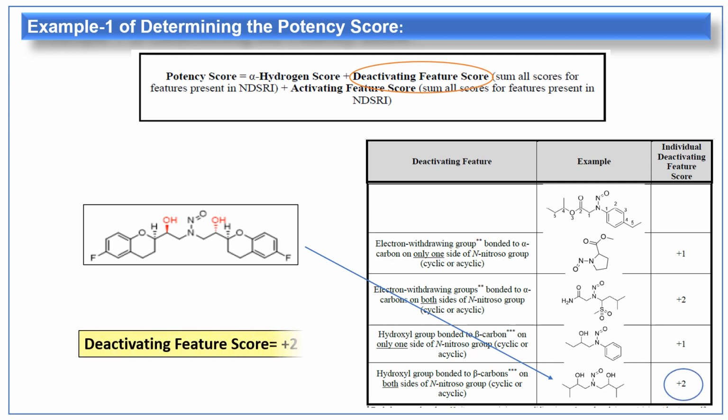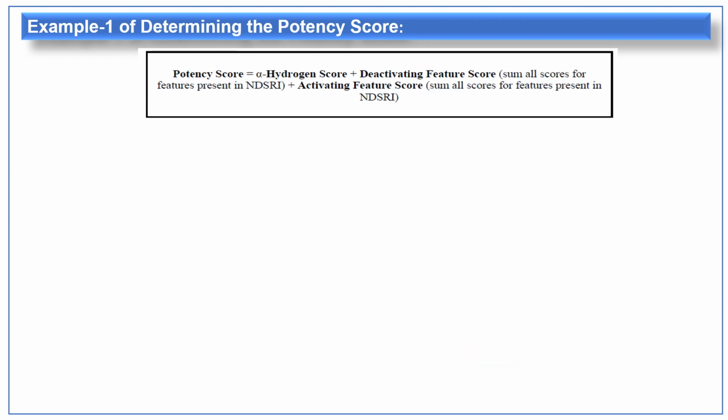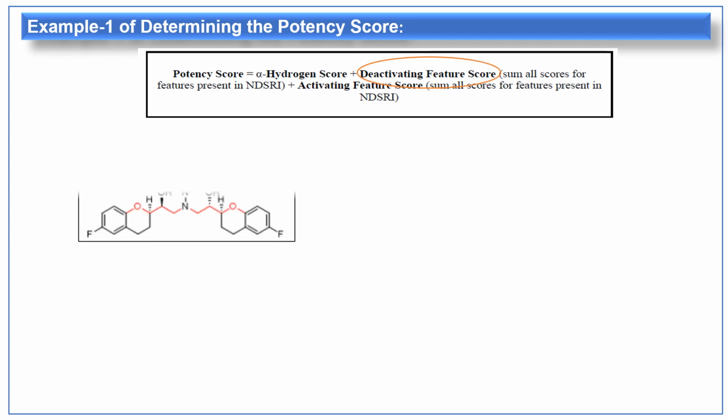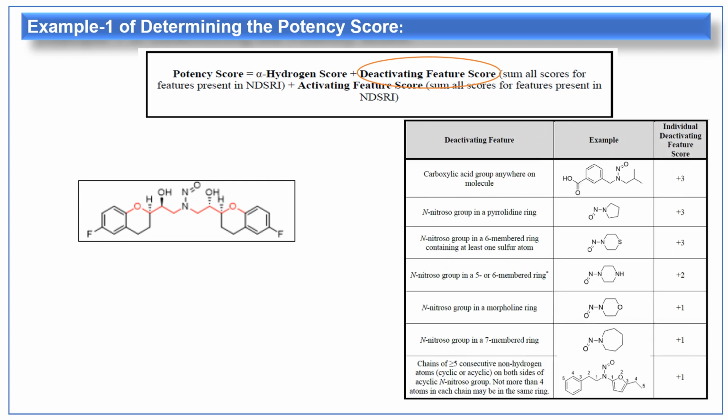Now the team continues to look for any other deactivating feature, comparing with the standard list provided, and finds another deactivating feature, that is a chain of more than 5 consecutive non-alpha hydrogen atoms. So the score comes out to be 1, right?